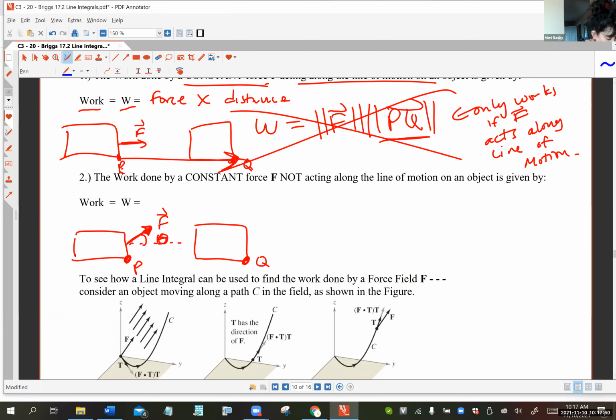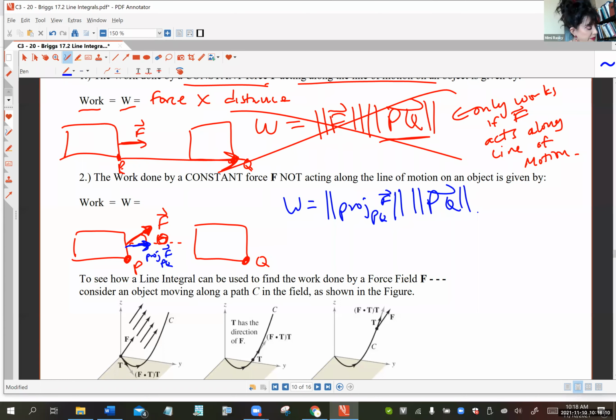This blue vector I have here is the projection of F onto PQ. Okay, so your work is going to be the magnitude of the projection of F onto PQ, and then times the distance, and the distance will still be the magnitude of the vector PQ.